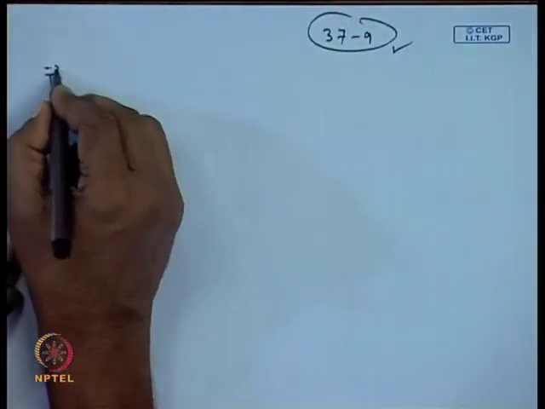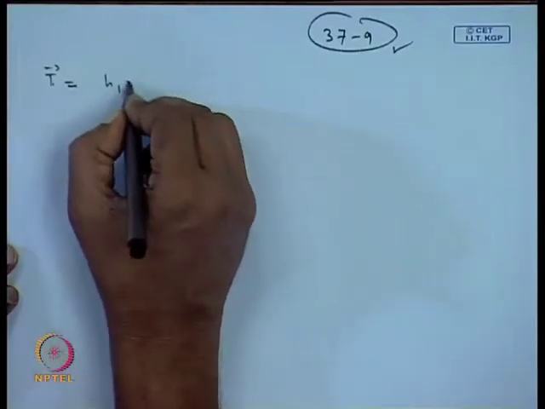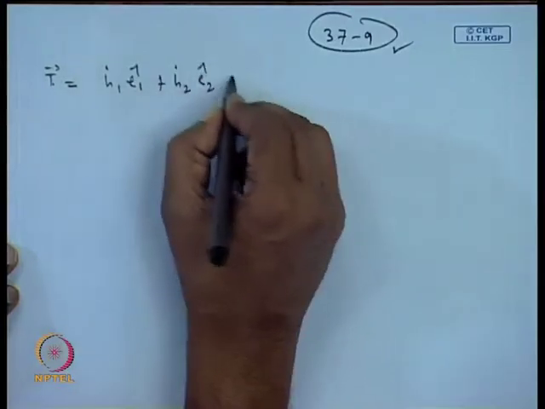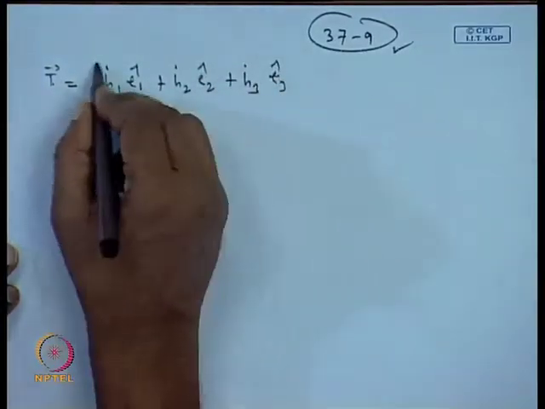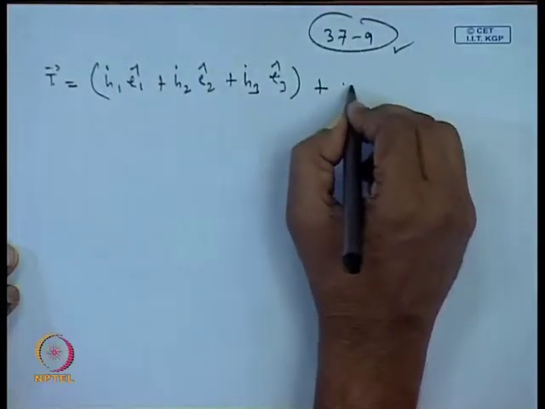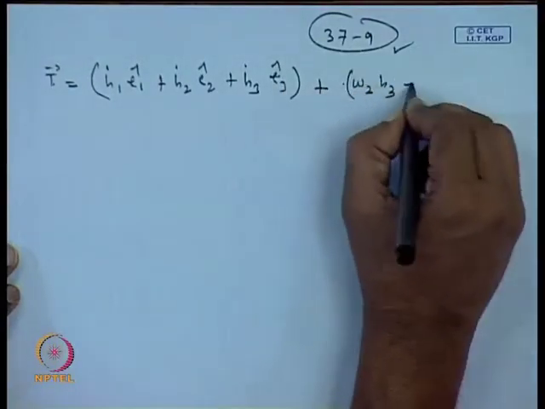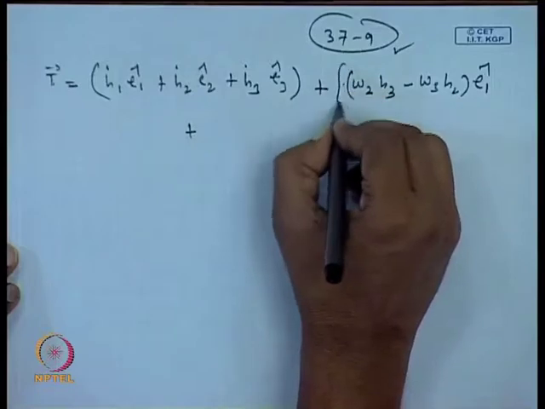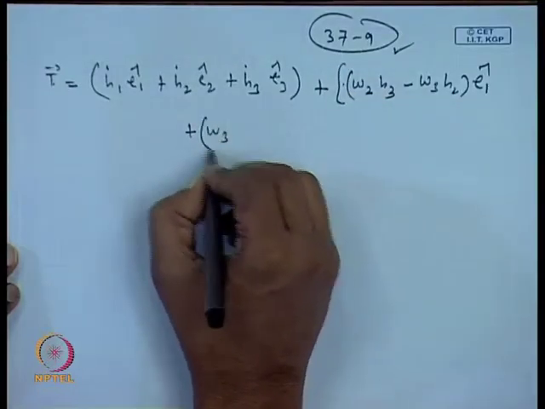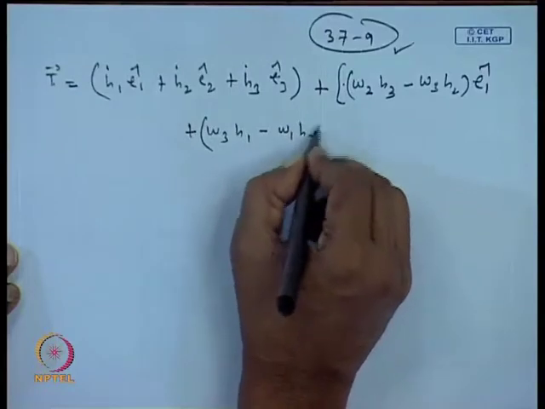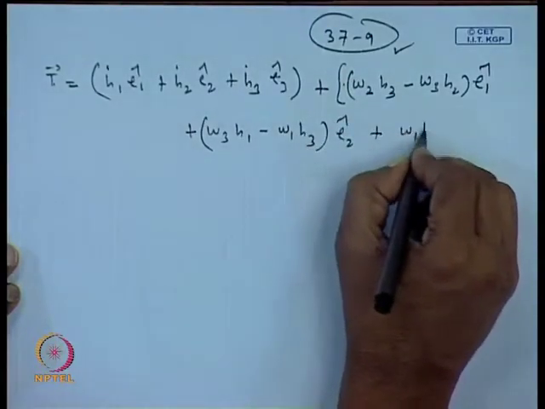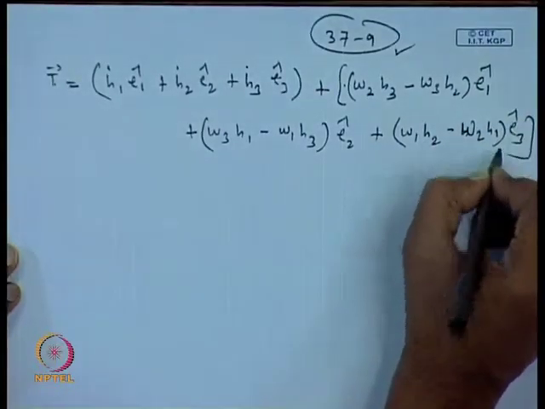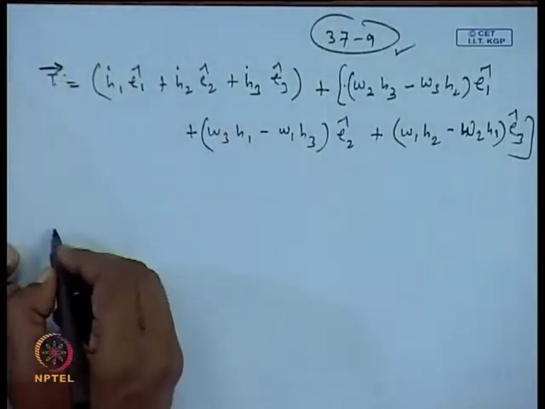Therefore, this T what we have written as H 1 dot E 1 cap plus H 2 dot E 2 cap plus H 3 dot E 3 cap, and the omega cross H now we put here in this place. So, omega 2 H 3. Okay.